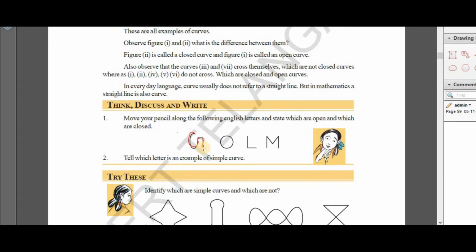And it is not closed, so that is the reason it is an open curve. And the circle O, of course, we all know the starting and ending point are the same. That is the reason it is called a closed curve. And L also is not intersecting itself, so it is an open curve. And this is also an open curve. Tell which letter is an example of a simple curve. O, of course, O.